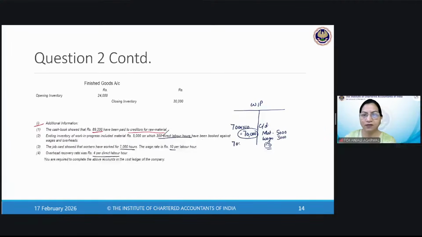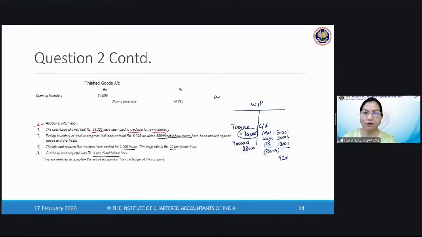So 7,000 into 4 is the overheads also, 28,000. Out of this 7,000 hours, 300 is spent on closing stocks of WIP. So 300 into 4, 1,200 is the closing WIP production overheads or overheads on closing WIP. So total value of closing WIP is 9,200.